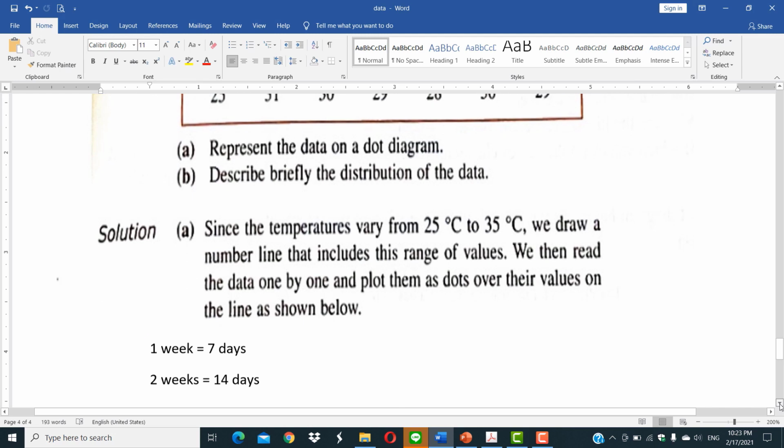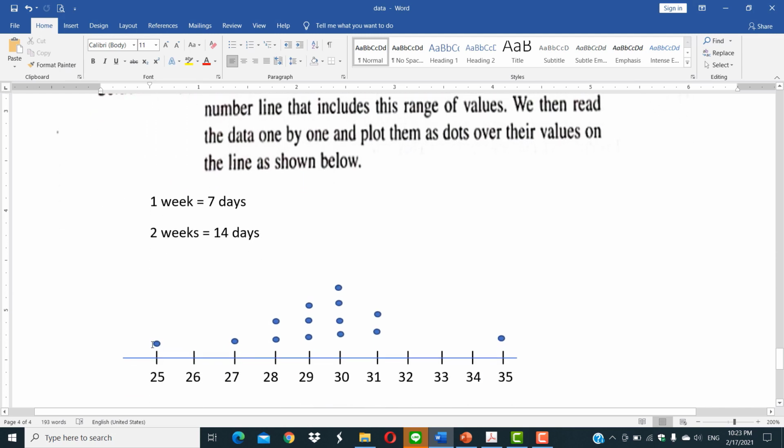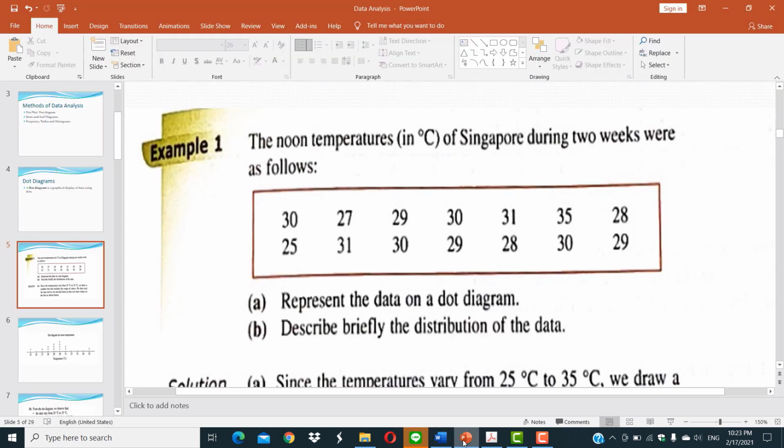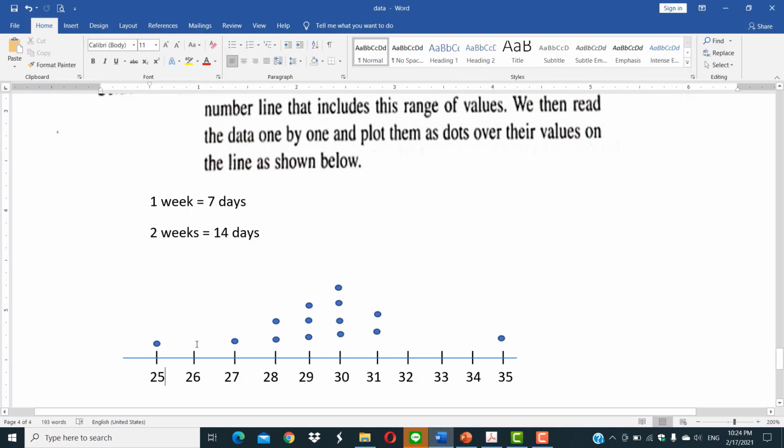That's why here one dot. And 26, there is no 26 in the data, so 26 has no dot.